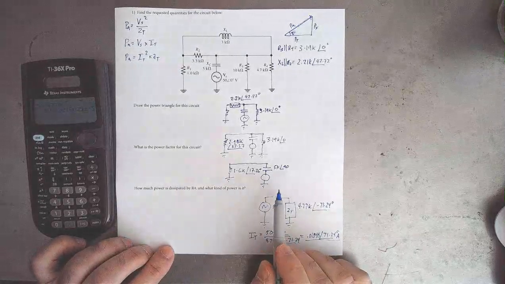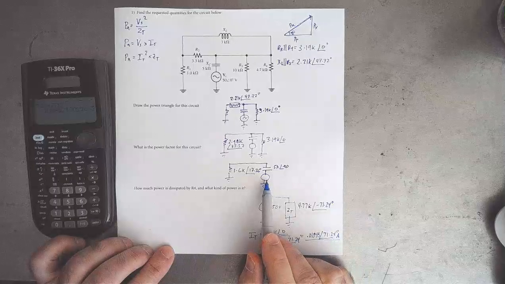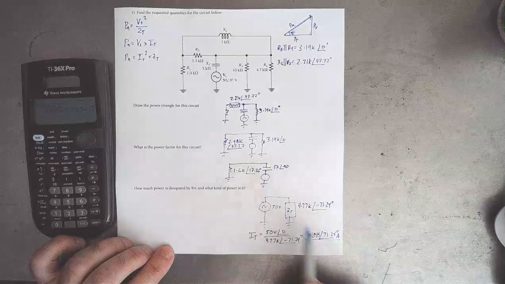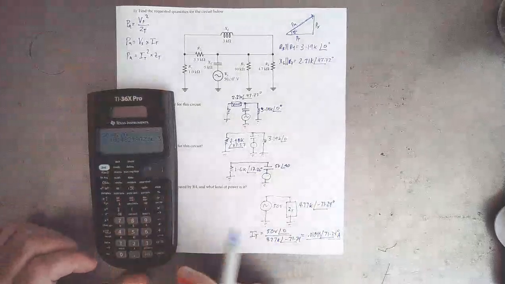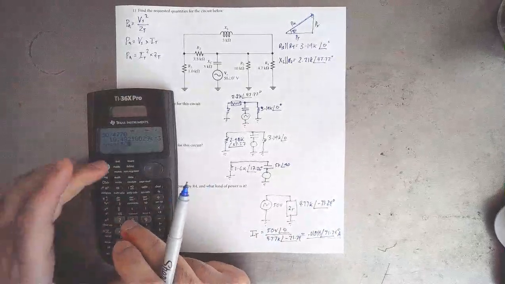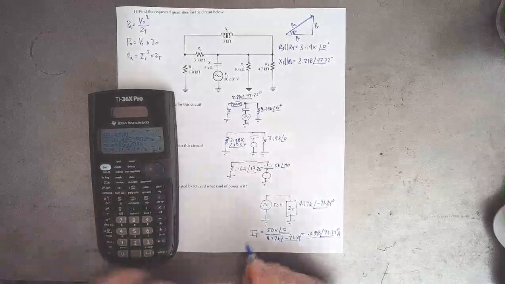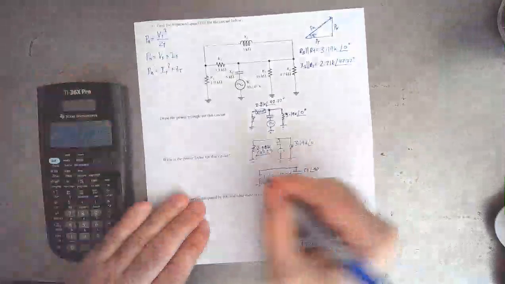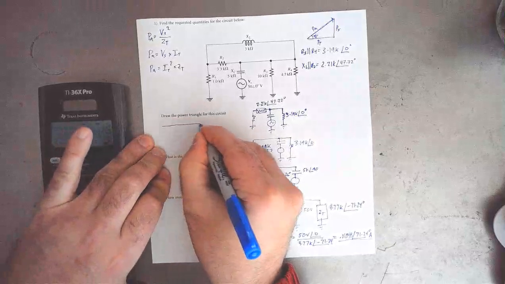Well, we can now find the total apparent power here. So that is just going to be IT times VS. So let's do that. So we've got IT right here. So I'm going to say IT times 50 volts at an angle of 0 degrees is, let's see here. I'm going to draw the power triangle now.